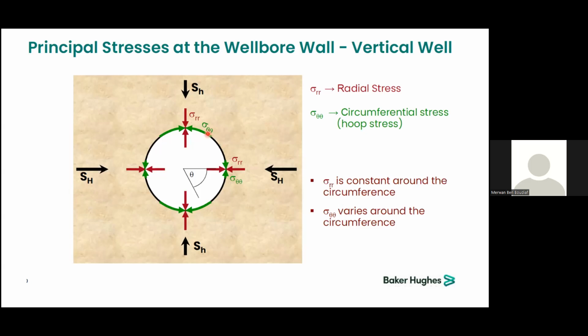Around the borehole, you will have creation of new stresses that are directly related to the geometry of this hole. You have one radial stress that is also related to the pressure from the drilling mud, and you have the tangential stress here, sigma theta, that as you can see is acting at the borehole wall, and its magnitude will differ with the azimuth you are looking at.